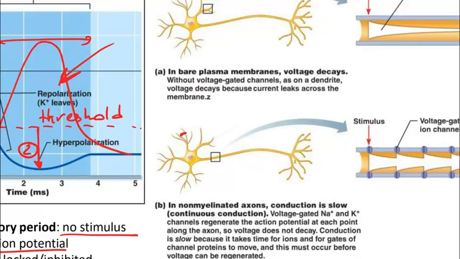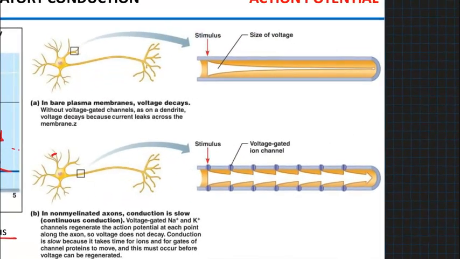Now, let's take a look at these neurons here. This is a dendrite. The dendrite receives the stimulus. Let's say it's a neurotransmitter. The stimulus generates a graded potential, and eventually, just like ripples on the water, it goes away. We good? That's it.